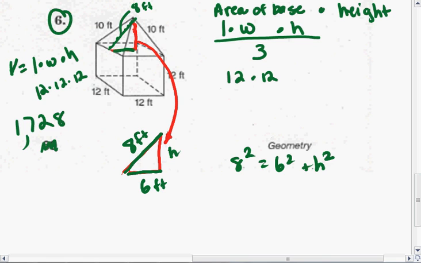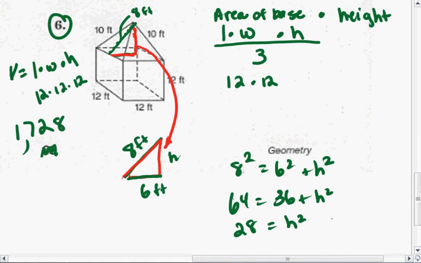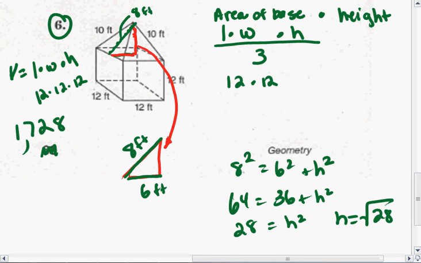Now we're looking for that height of the pyramid. 64 equals 36 plus h squared. Subtract 36 from 64, I'll get 28 equals h squared, and h is going to be the square root of 28. So my height is the square root of 28.